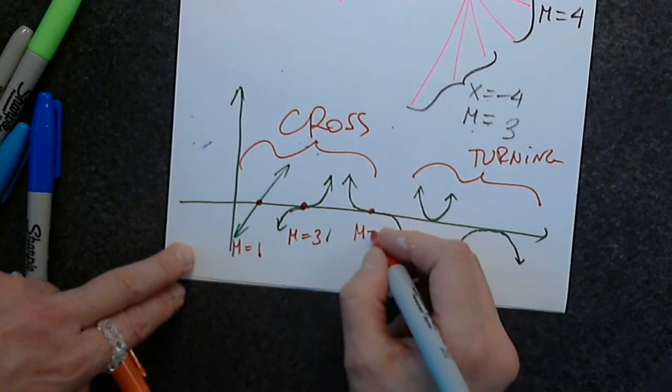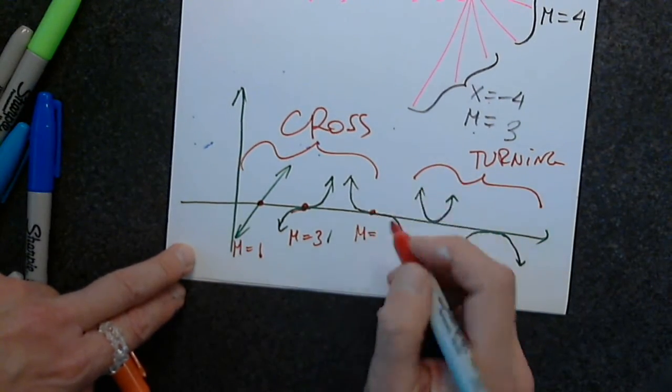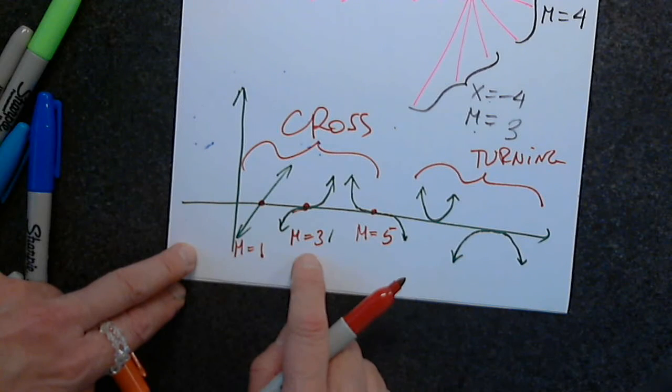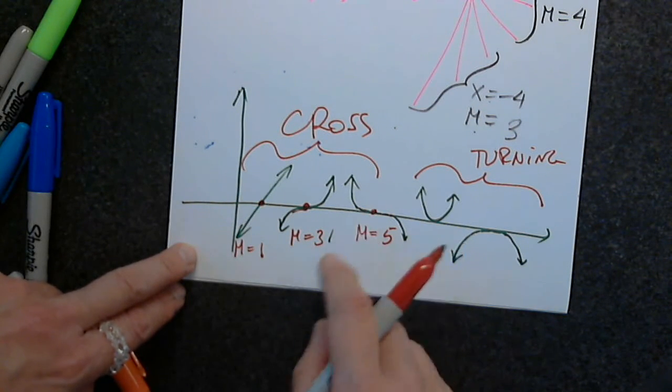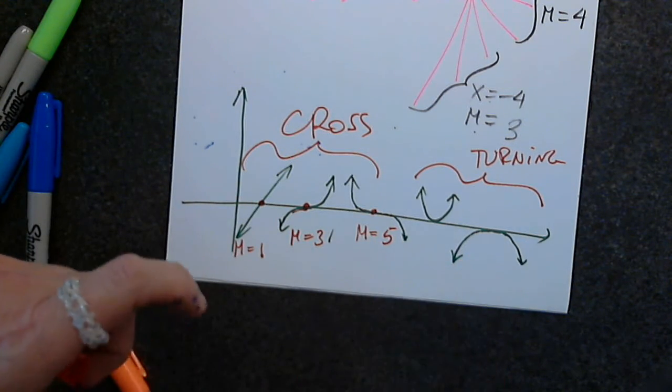What do you think the multiplicity is here of that particular solution? Indeed. Fast, multiplicity 1. Slow, multiplicity 3. Slower, multiplicity 5. Even slower, multiplicity 7, as long as it crosses.